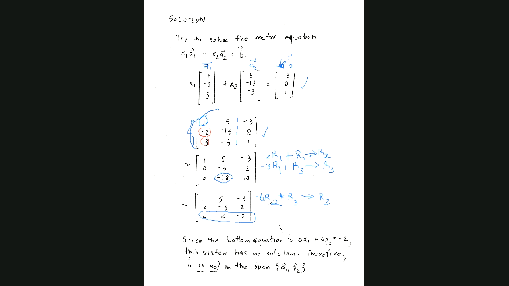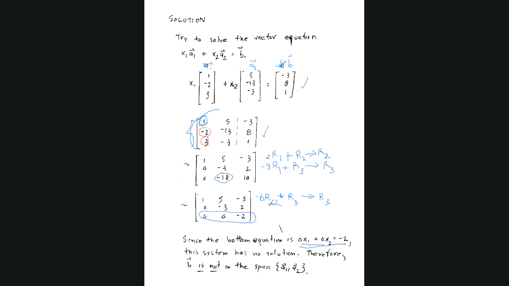Well, it's going to be 0x1 plus 0x2 equals -2. Divahar asked, you need to simplify. Yeah, you do. You at least need to get the matrix in echelon form.